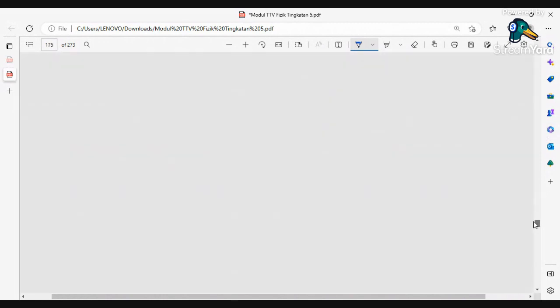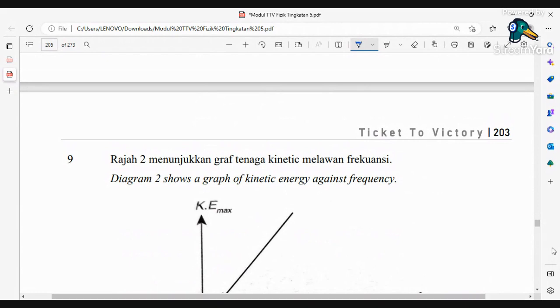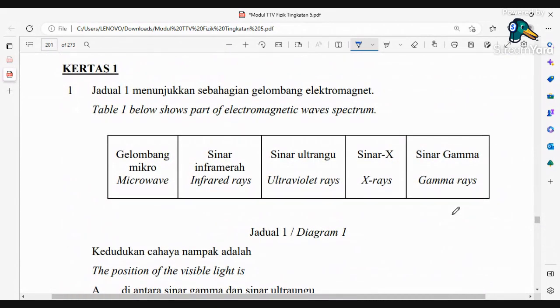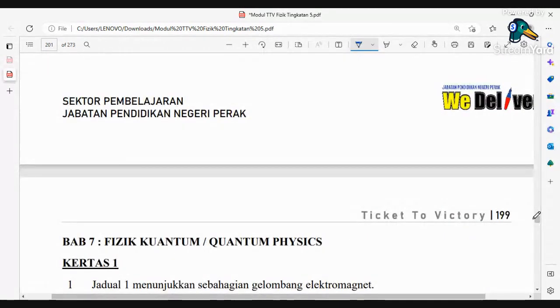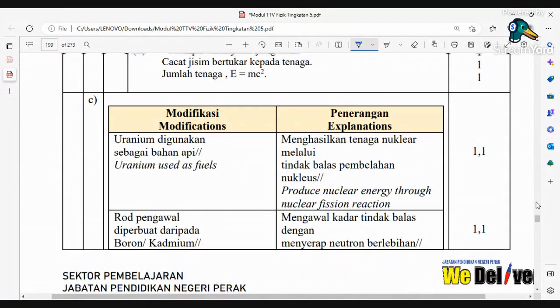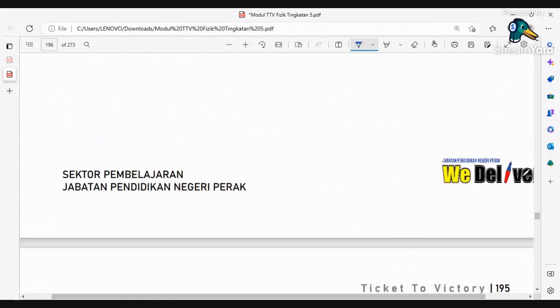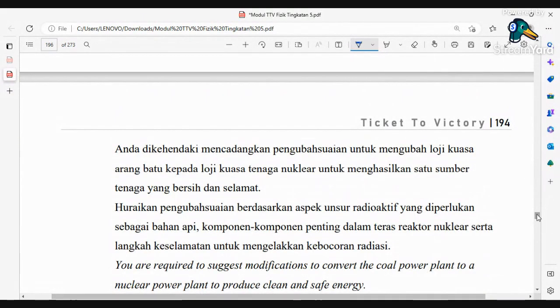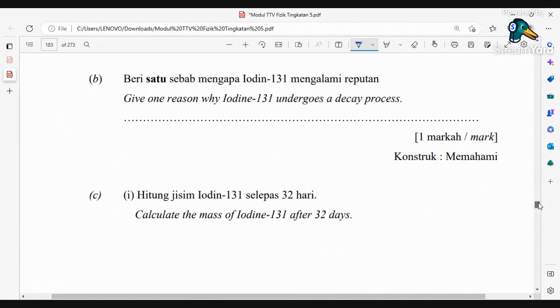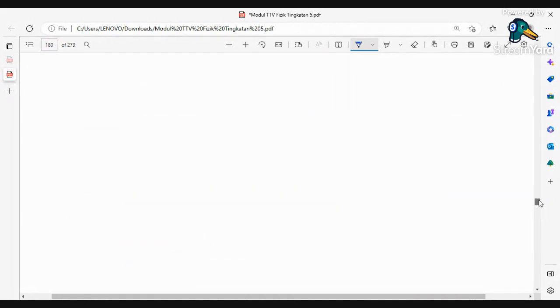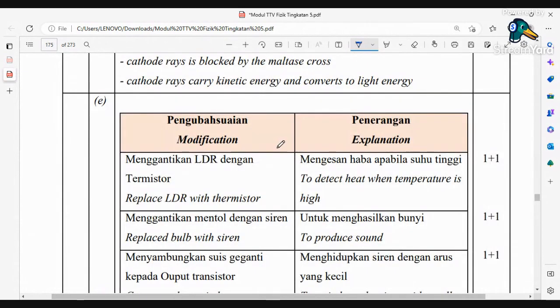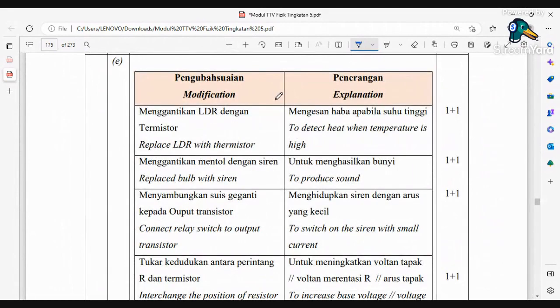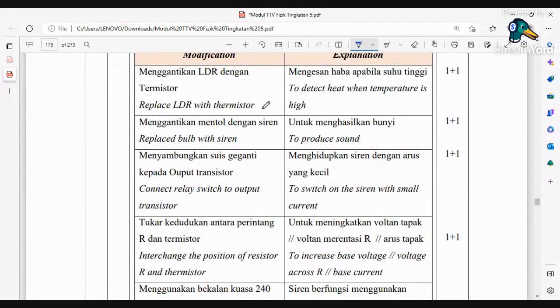So I show you the sample of answer, this one. Thermistor detect heat when temperature is high.